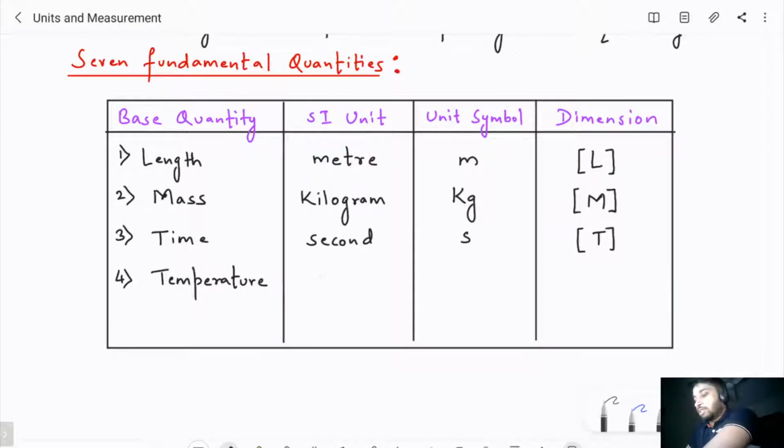SI unit for temperature is Kelvin. Symbol is capital K, and the dimensional formula is also capital K.